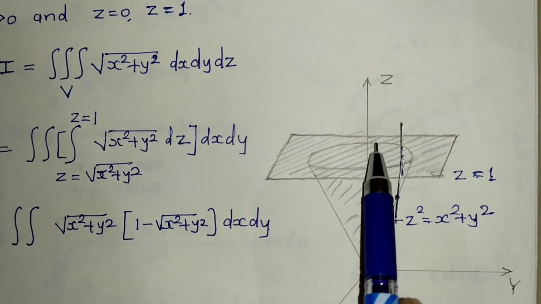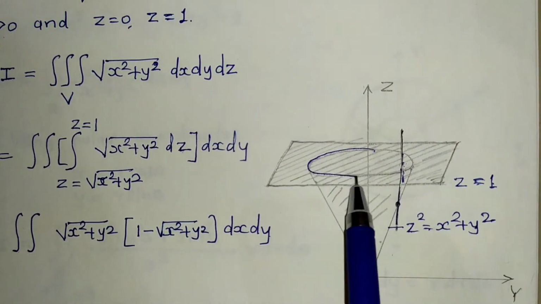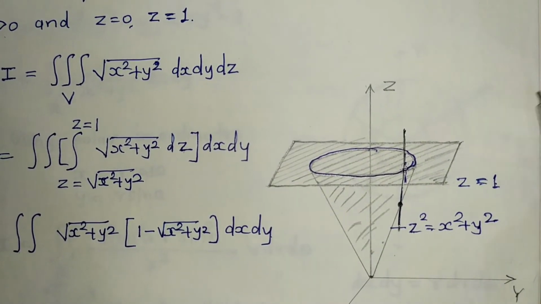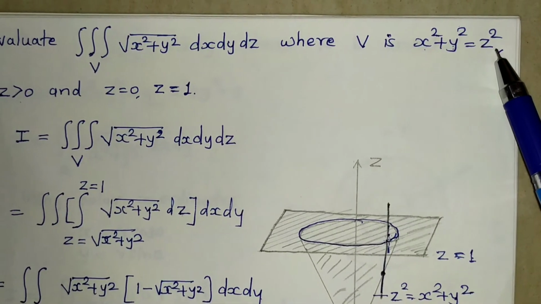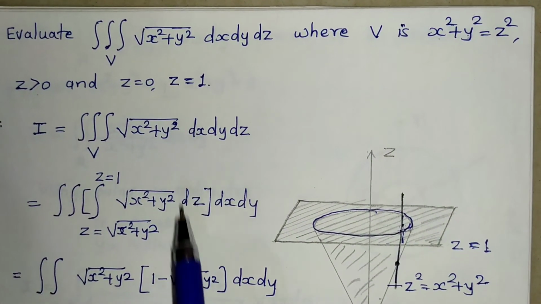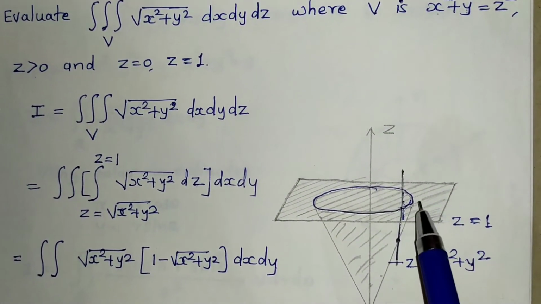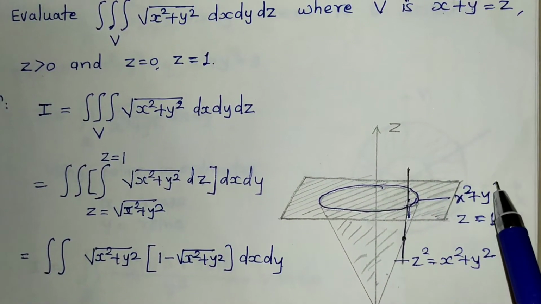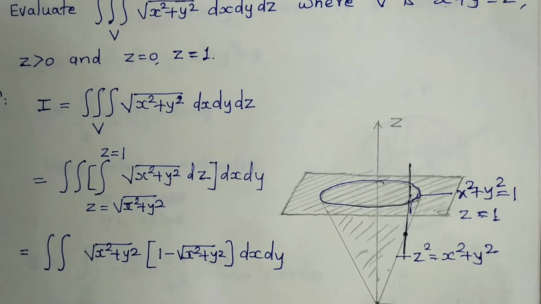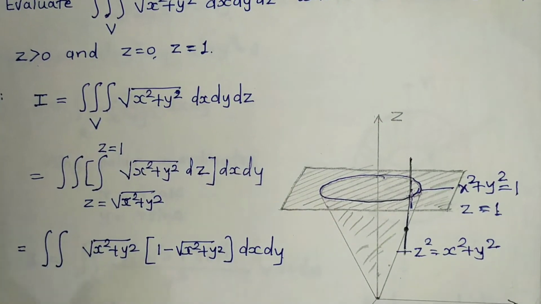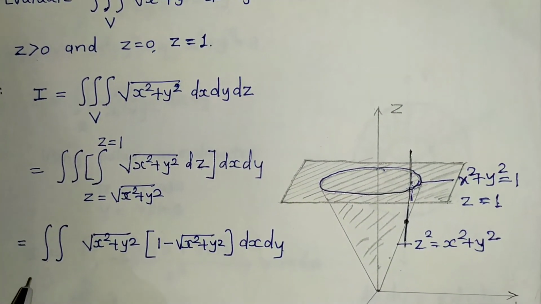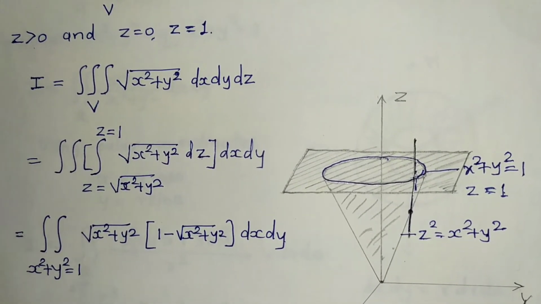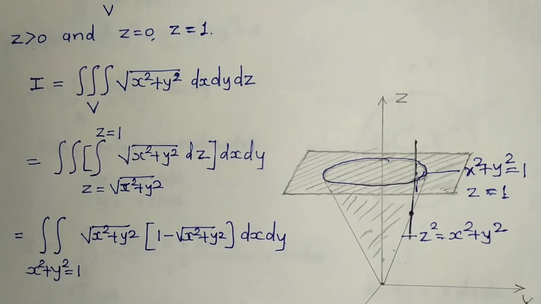Its projection is a circle, which is the intersection of the right circular cone x square plus y square is equal to z square with the plane z is equal to 1. What is the equation of this circle? Since it intersects with the plane z is equal to 1, it is x square plus y square is equal to 1. So evaluate this integral over the area of this circle, x square plus y square is equal to 1.